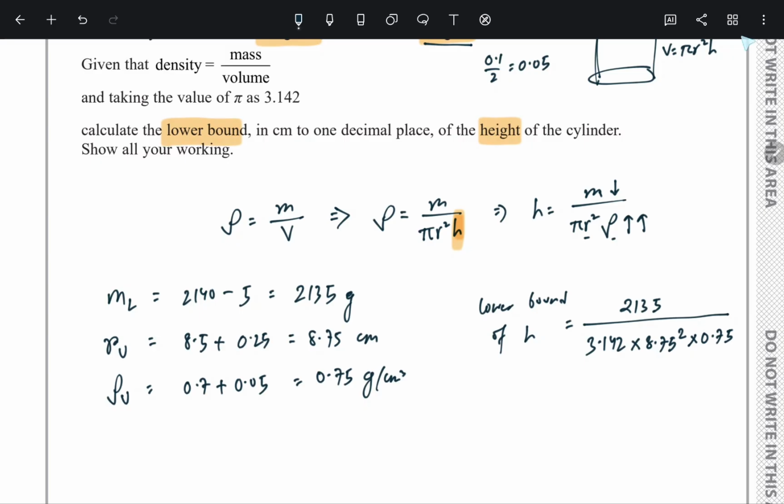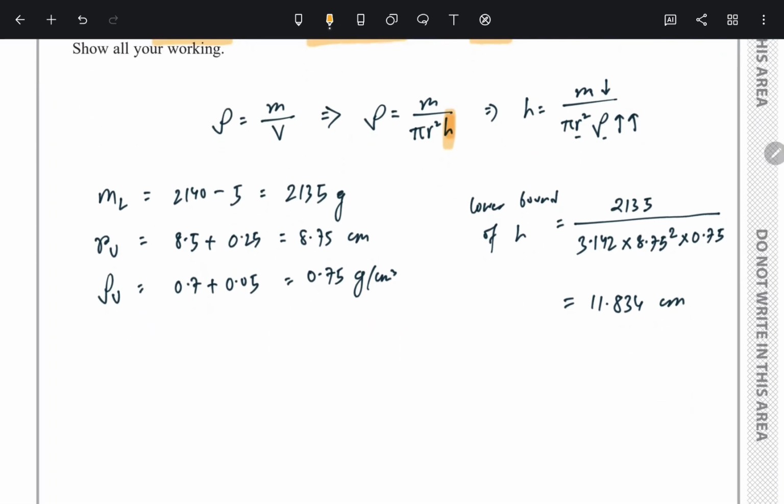And this will come out to be 11.834 centimeters. And the question says to give your answer to one decimal place. So the answer is going to be 11.8 centimeters to one decimal place.